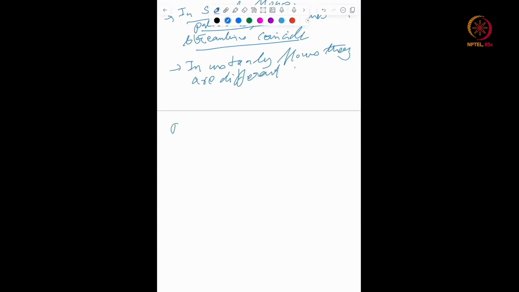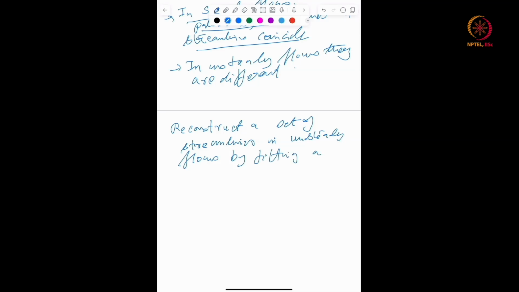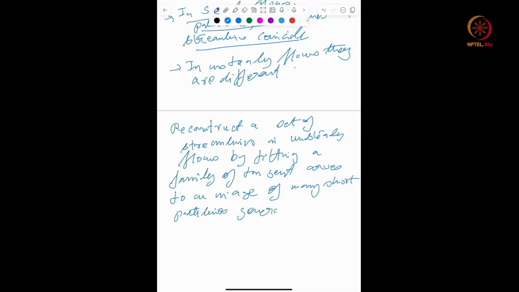You can reconstruct a set of streamlines in unsteady flows by fitting a family of tangent curves to an image of many short path lines generated by particles. And therefore, you can generate the velocity vector field.